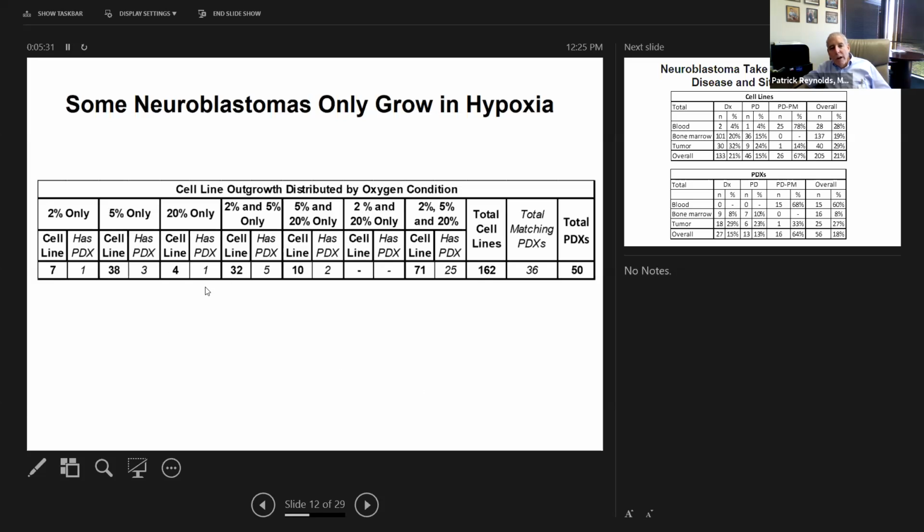So when you're working with 20% only cultures, you're working with only a fraction of what's coming in from the patients. Keep that in mind and really think about getting hypoxic culture conditions going in your laboratory, because that allows you to look at the other half of the patient-derived models that won't grow in the conditions that everyone uses.